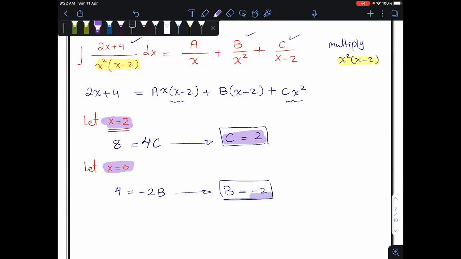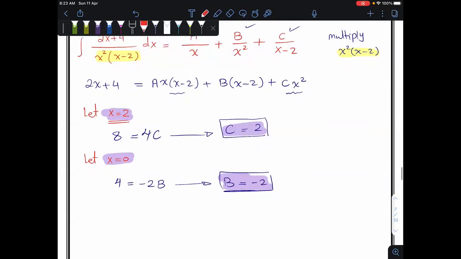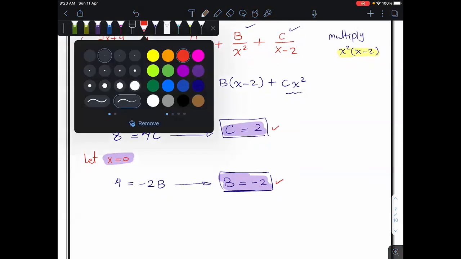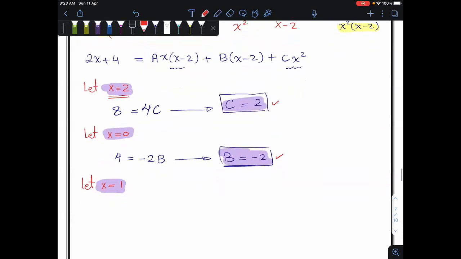Nice, thanks. Still c, a. How to find the a? You can substitute by the value of c you got in the first, and the value of b, and also by any value from your mind for x, like let x equal 1. Any other value for x than 0 and 2, and the value of b and c in the equation above.